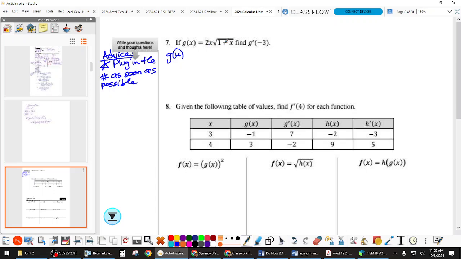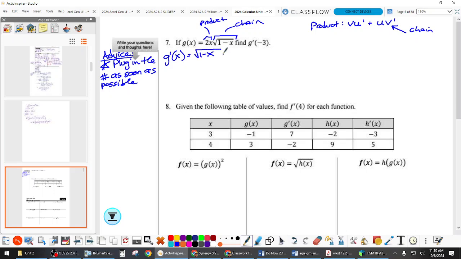So I guess before I start doing the U stuff, let's identify that. So how do we do this one? Okay.